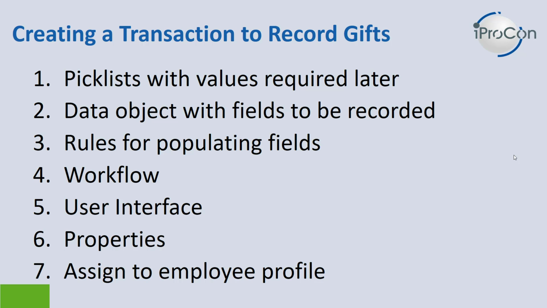We obviously need a user interface to populate the fields. We have to set a few properties that define how the data object behaves. And eventually we want to assign it to the employee profile so that it can be used by every employee in their self-service application. So let's go into the system and proceed.